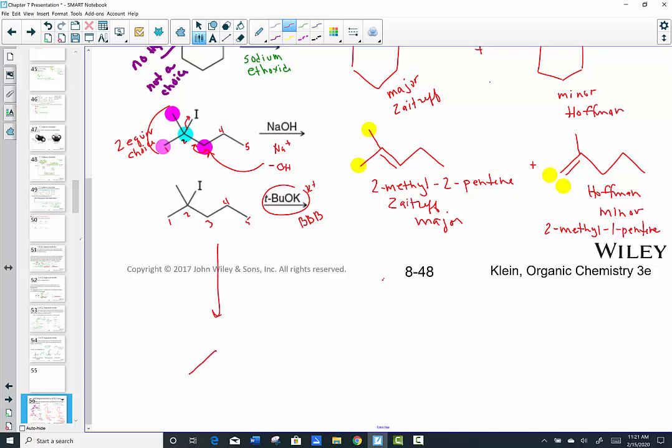So when we end up showing this guy, the double bond between carbon 1 and 2 will be the major product, and the minor product will be the Zaitsev. Big bulky bases do not favor the most substituted. So here we've just selected a big bulky base to favor the least substituted Hofmann product.